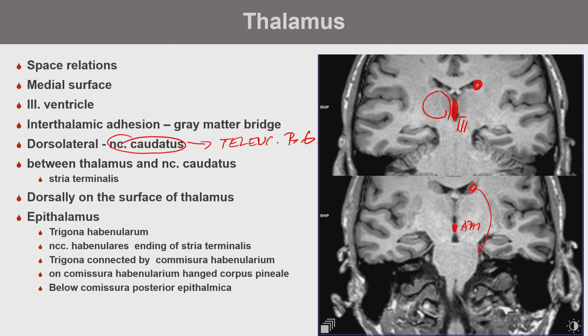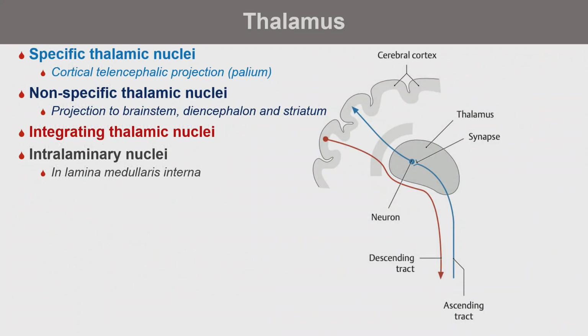Between thalamus and nucleus caudatus there is a stria terminalis. So this is a groove in which we can observe in a third ventricle stria terminalis. Dorsally on the surface of the thalamus is epithalamus and all those structures of epithalamus, as we said.